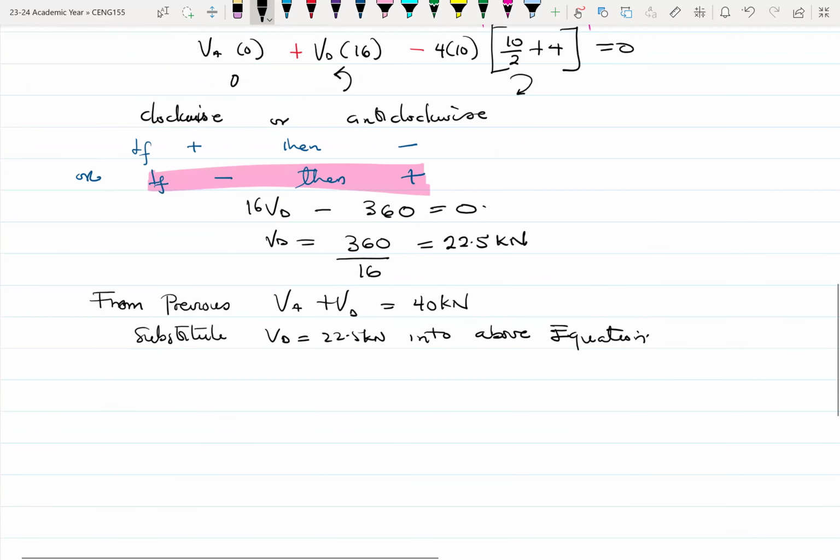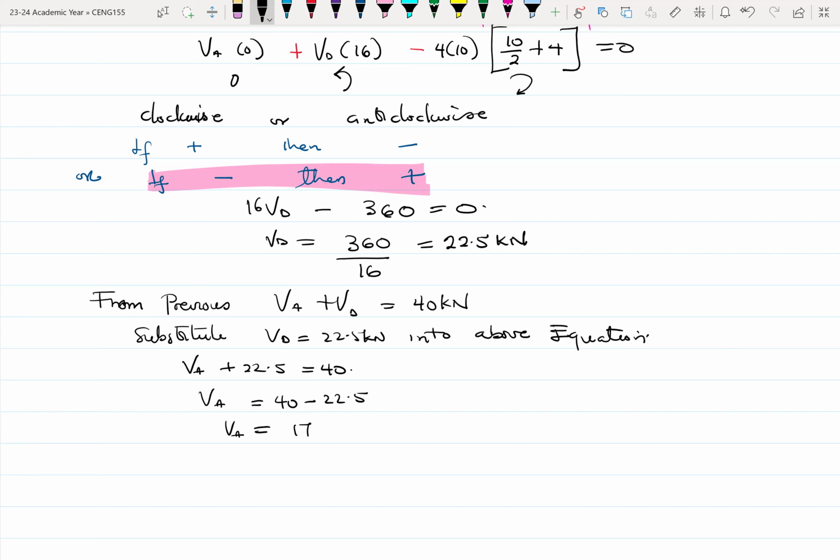So I have VA plus 22.5 equals 40. So VA, change of subject, will be equal to 40 minus 22.5. This will give me a VA of 17.5. Okay. So in this case, these are my reactions: HA is 0, VA is 17.5 kilonewtons, and VD is 22.5 kilonewtons.